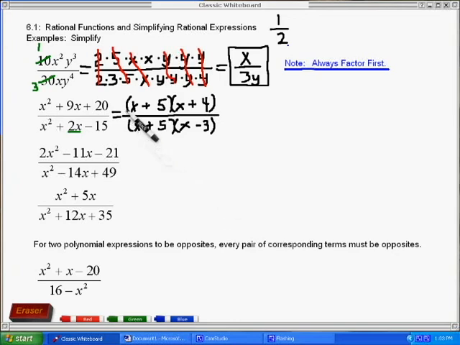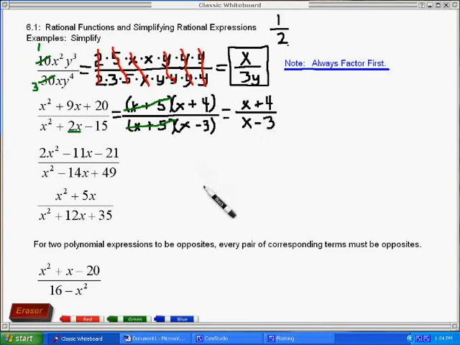So when we simplify, we're going to cancel out our common factors. We have x plus 5 on the top and x plus 5 on the bottom, and all we're left with here is x plus 4 on the top and x minus 3 in the denominator.